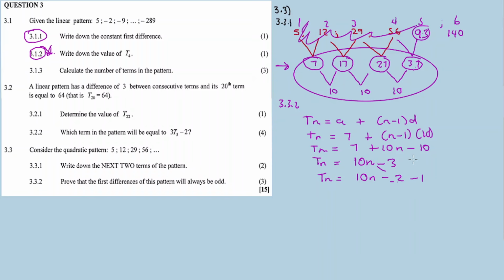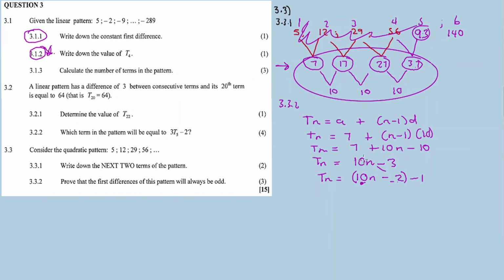So in other words, I split the minus 3 into minus 2 and minus 1. Why am I splitting? I want to demonstrate a point here. If you take an even number and multiply by any number, you will get an even number.